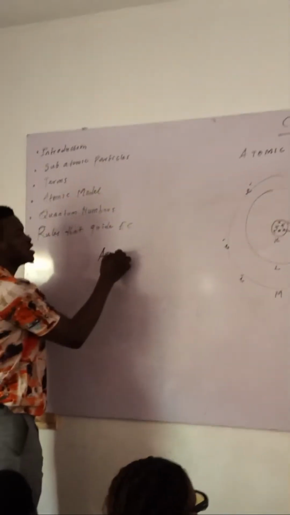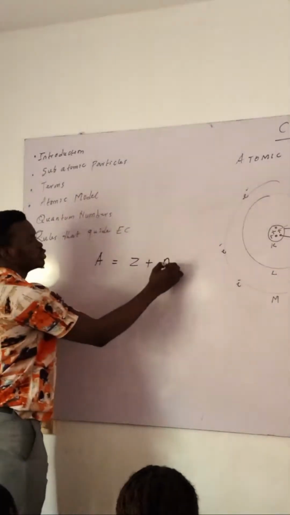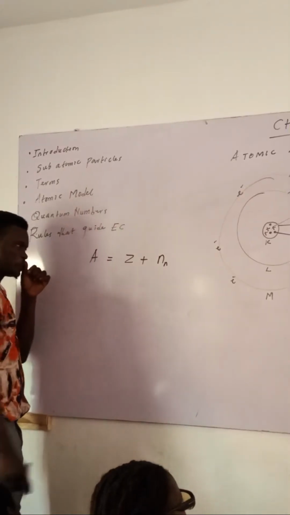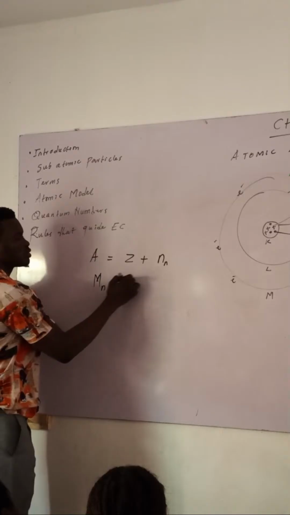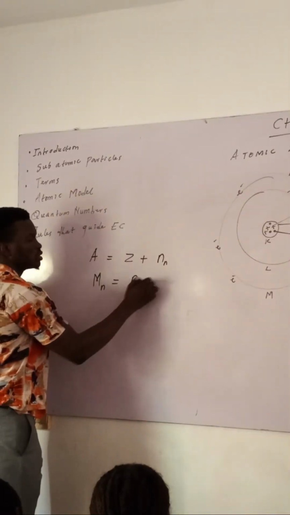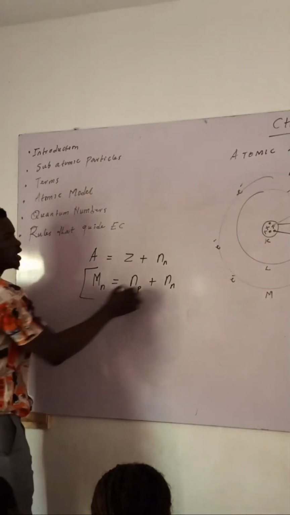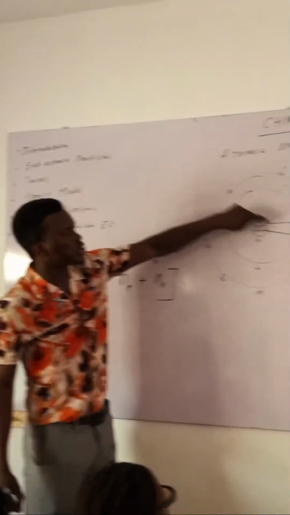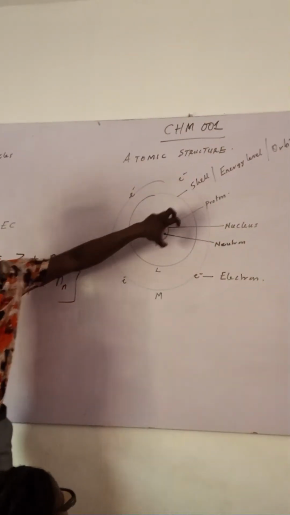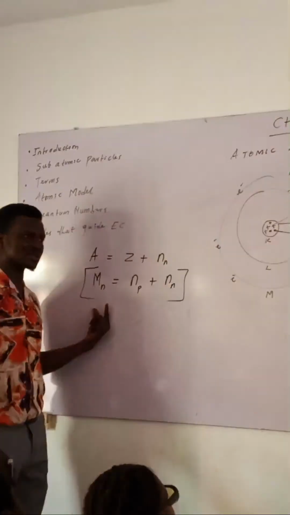Your atomic mass is usually given as number of protons plus number of neutrons. You can represent it as mass number equals number of protons plus number of neutrons. This is a formula you will need. That means the number of protons plus the number of neutrons you have in this place represents what we call the mass number or the atomic mass.